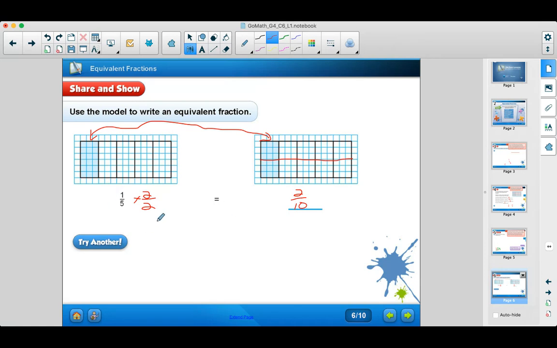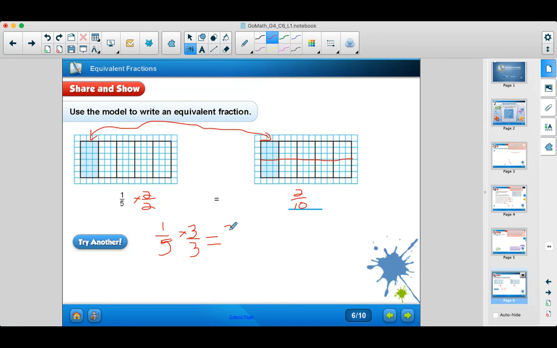If I wanted to make another equivalent fraction, 1/5, I'm going to multiply the bottom by 3, the denominator by 3, the numerator by 3. Whatever I do to the denominator, I need to do to the numerator.